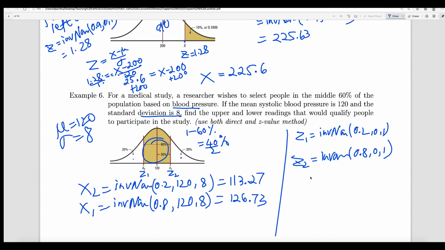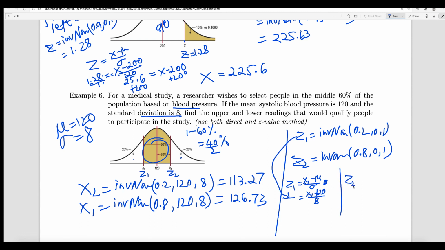After you find out g1 and g2, you need to use g1 equals x1 minus mu over sigma. So you plug in that g1 here, and then equals x1 minus mu, which is 120, over sigma, which is 8, and whatever number you get from here, you plug in here and then simplify for x1.